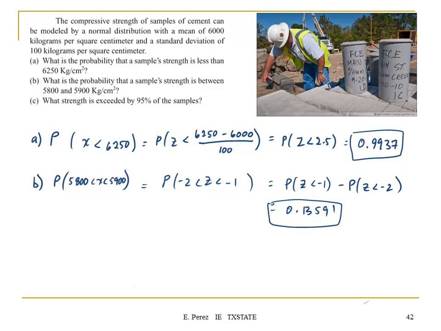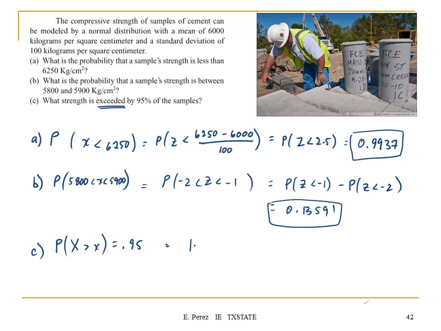Okay, the last part is, I think, the tricky one. It is asking for the probability of X being greater than the value x at 0.95. So look at this, exceeded. If you were to solve this, you have to look at the complement.